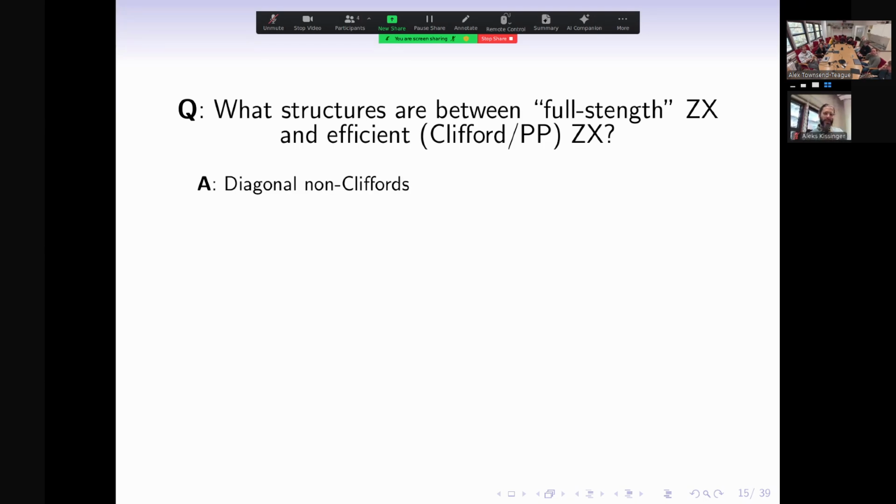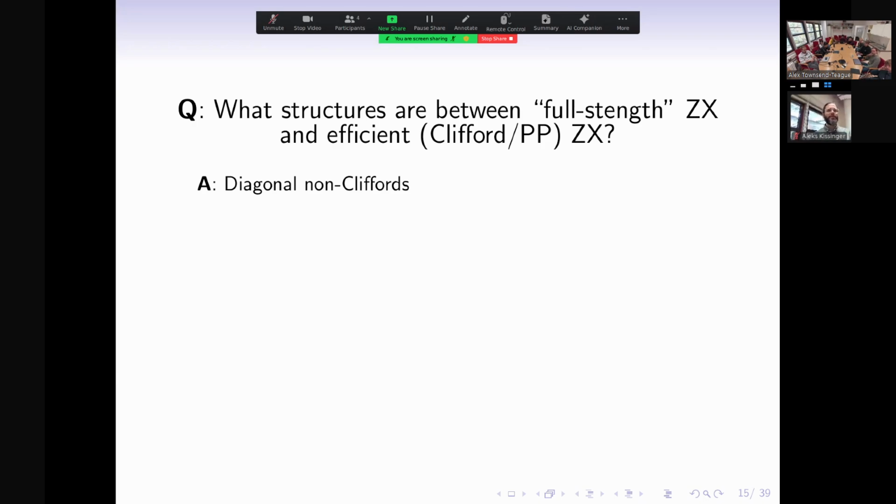And one thing that is non-Clifford, but that you can still work with, I wouldn't say fully tractable because you can pose hard problems here, but it certainly has a lot of algebraic structure, are the diagonal non-Cliffords.